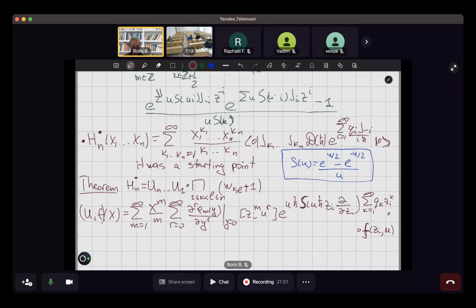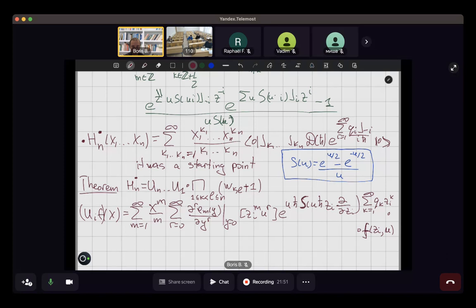So what is our goal? In fact, our goal: we had this generating series hn, say hn bullet, for Hurwitz numbers in terms of Schur functions, and we want to obtain some closed algebraic expression, in the sense that we will be able to deal with this expression and understand it.